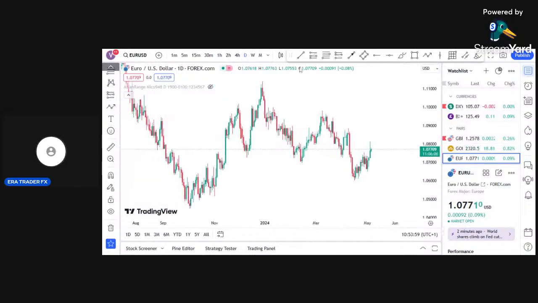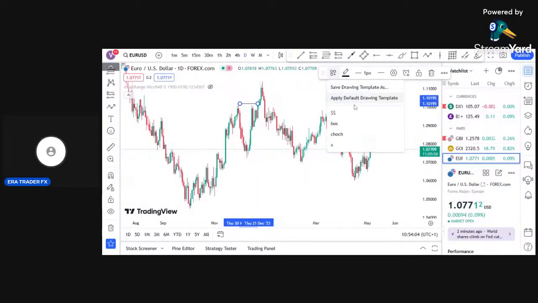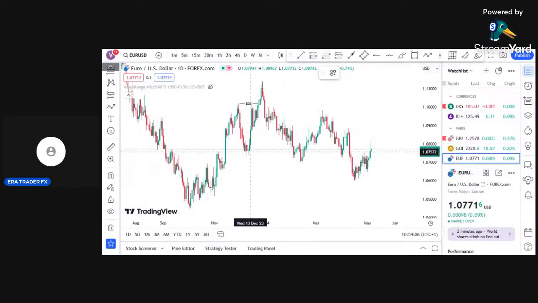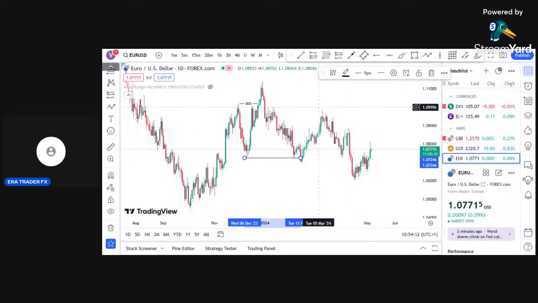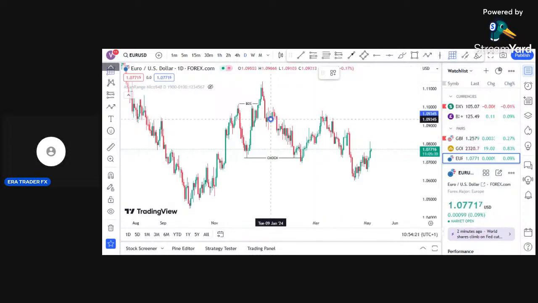Same thing for EU. We had this clear break of structure to the upside. We had this change of character to the downside, and we saw that price came into this level.